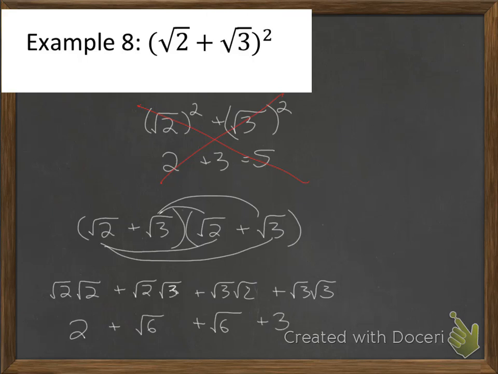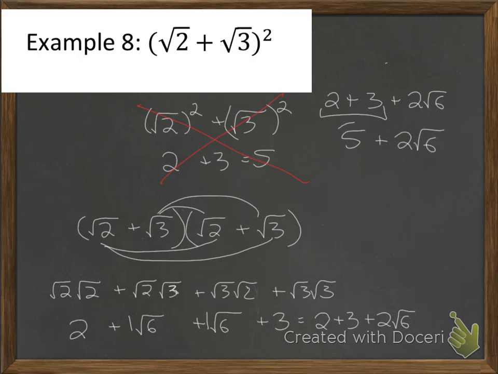And this is 3. So we can rearrange our terms. We have 2 plus 3 plus 1 square root of 6 plus 1 square root of 6 is 2 square roots of 6. So our final answer, 2 plus 3 plus 2 square roots of 6, we can add these together. We get, oops, that's a weird 5. 5 plus 2 times the square root of 6.